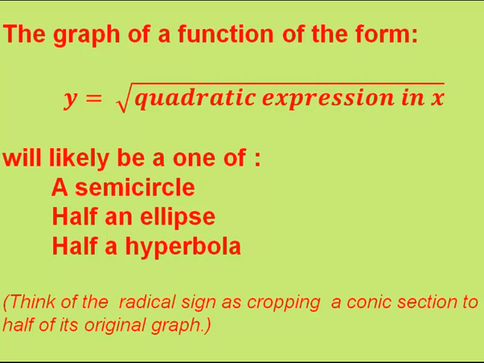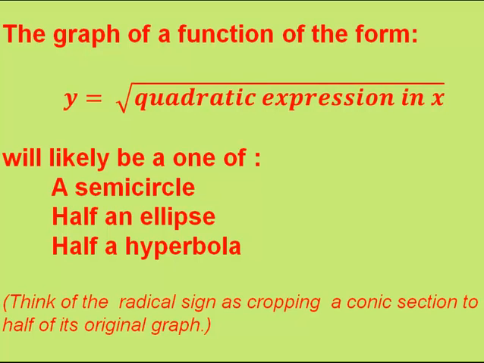Okay, on to the more complicated situation. What about making a quick analysis of the graph of a function having the form y equals the square root of a quadratic expression in x? First of all, it'll likely be one of a semicircle, or half an ellipse, or half a hyperbola.